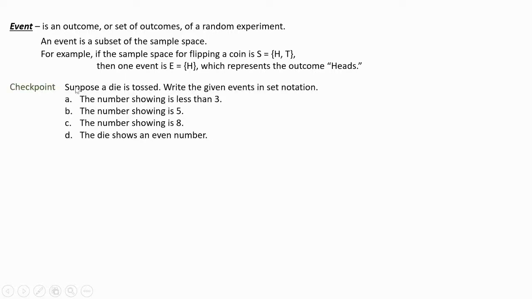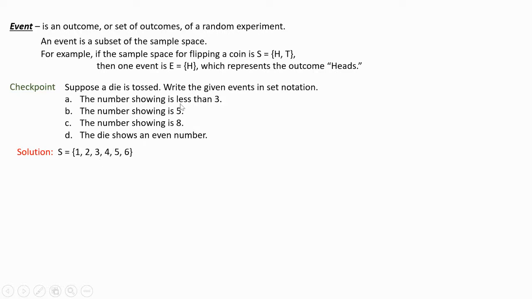Checkpoint. Suppose a die is tossed. Write the given events in set notation. For A, the number showing is less than 3. So before we do that, the solution for the sample space can be a 1, 2, 3, 4, 5, 6, because a die has 6 sides.